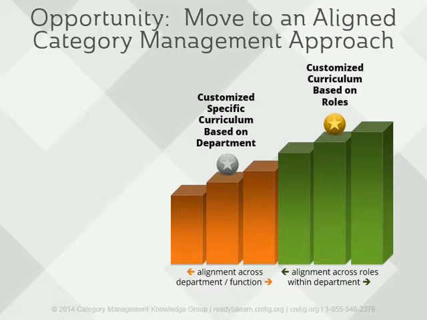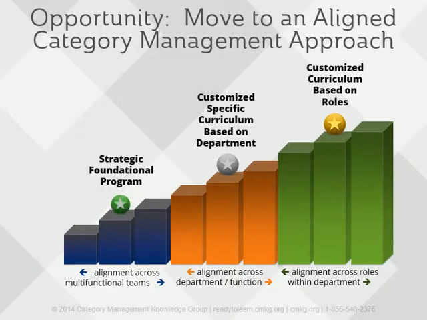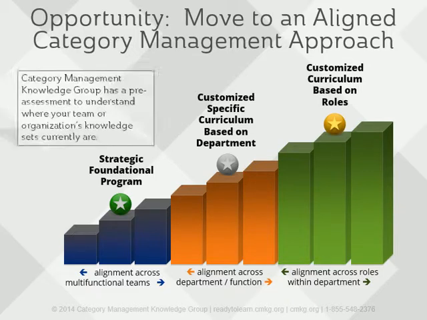The next step to gain alignment in definitions and approach in category management is to complete a training plan for your team or organization. The opportunity is to have a common set of courses that become a strategic foundational program based on topics that will create a consistent and aligned approach and understanding across the organization.